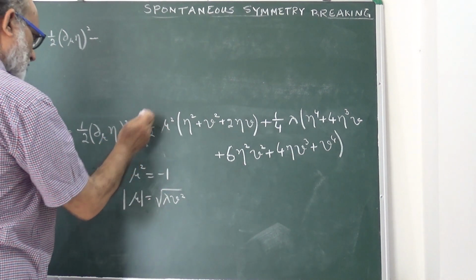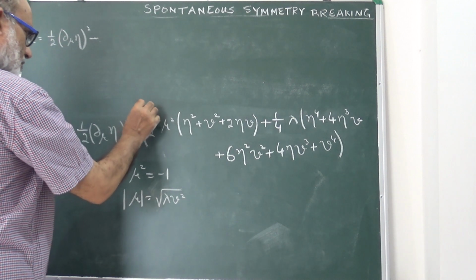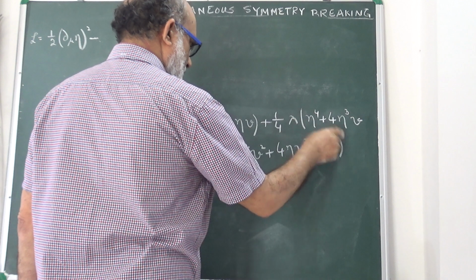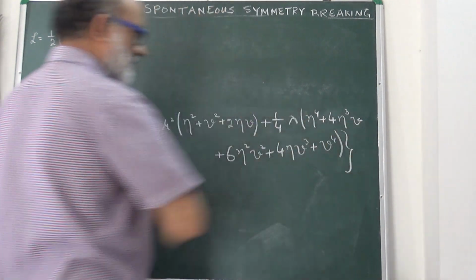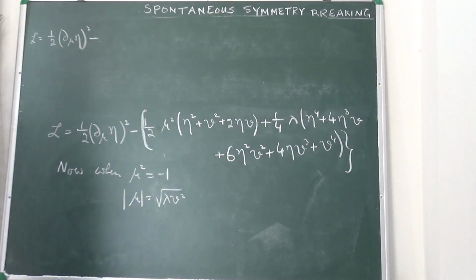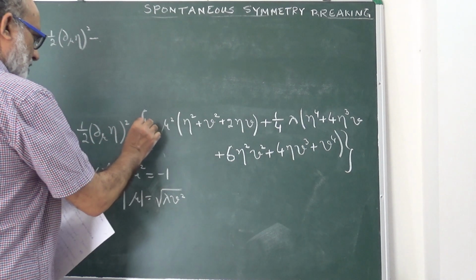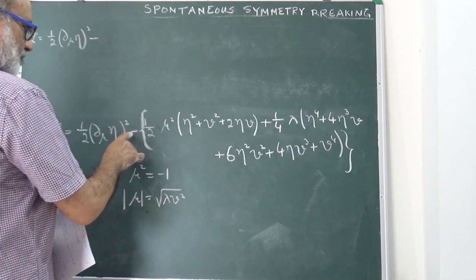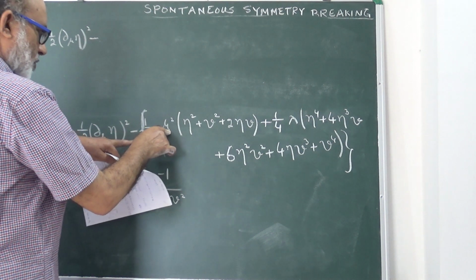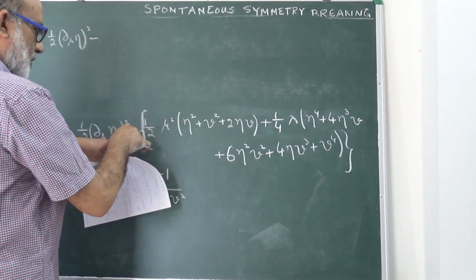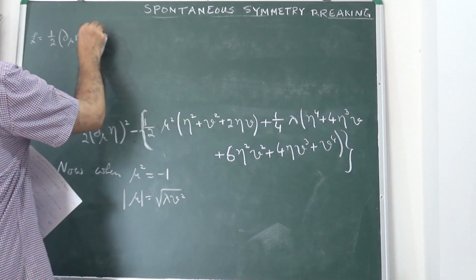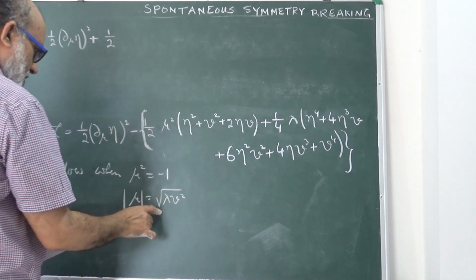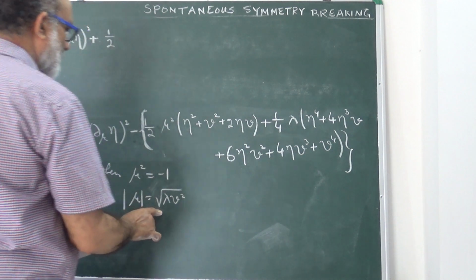If you take this bracket and open this parenthesis, and substitute the value of mu square as negative, this will become positive. So this will be positive half, and the value of mu square is lambda v square.